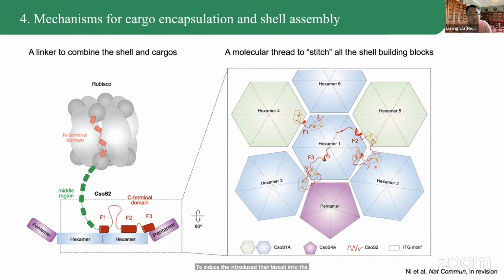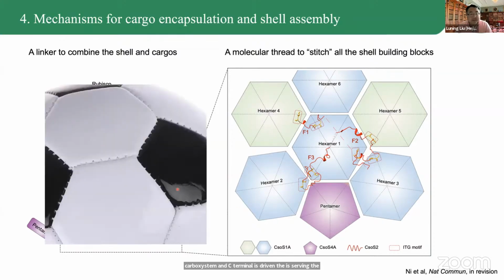If you look at the top view, it's very similar to a football, where there are several building blocks that need a specific thread to stitch all the shell proteins together. So CsoS2 is a molecular thread to bind all the shell proteins together.